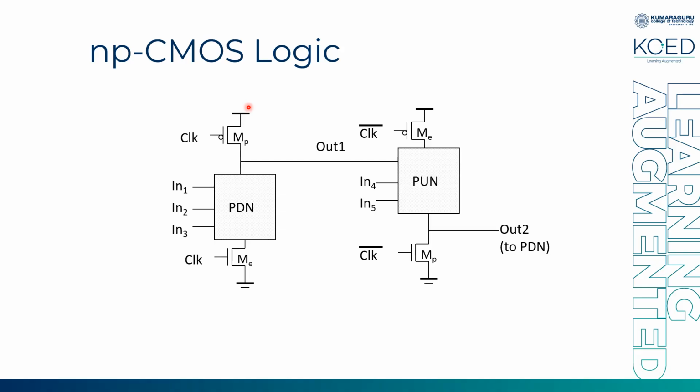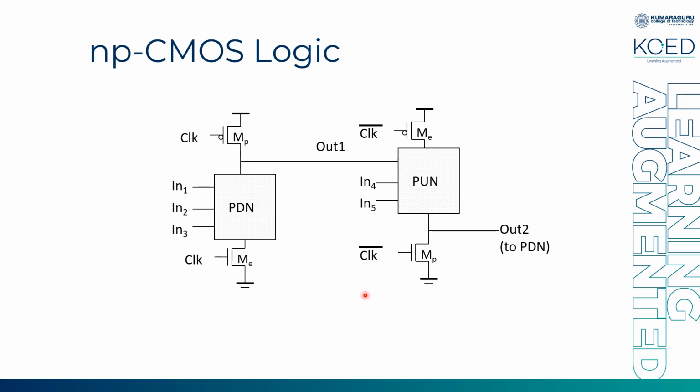So you have the normal pre-charge and evaluation transistors as PMOS and NMOS, and your pull-down network designs the logic. The output of this stage will be given to the pull-up network. Here I have PMOS as the evaluation transistor and NMOS as the pre-charge transistor, which you control using clock bar.